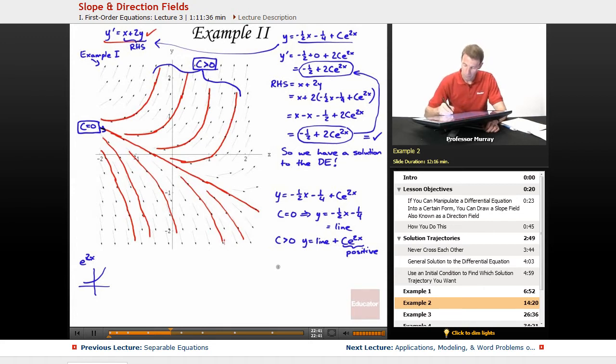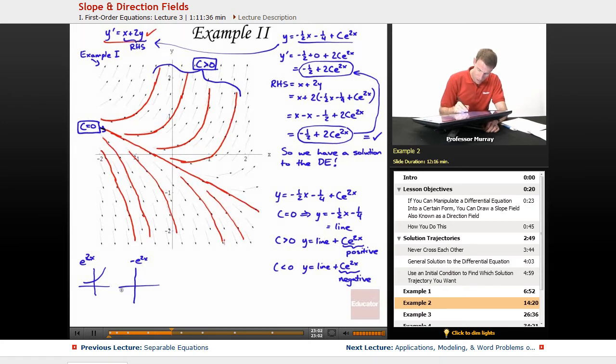All of these solution trajectories correspond to positive values of the arbitrary constant in the general solution to the differential equation. Now, if c is less than 0, I'll get y is equal to a line plus c e to the 2x, but this time the c would be negative. So essentially, if I do negative e to the 2x, the graph of negative e to the 2x will be curving sharply downhill.